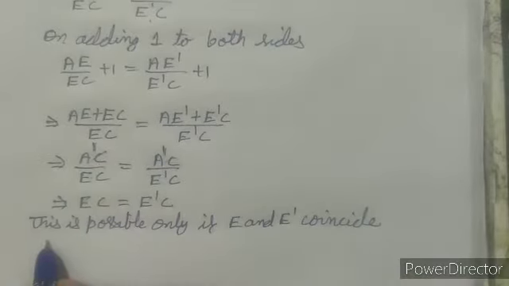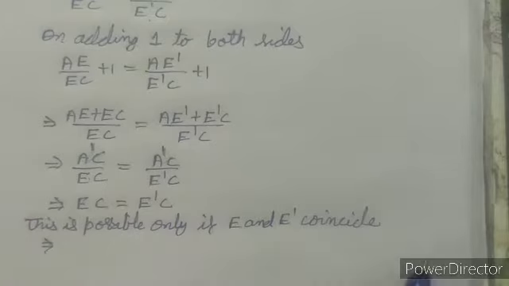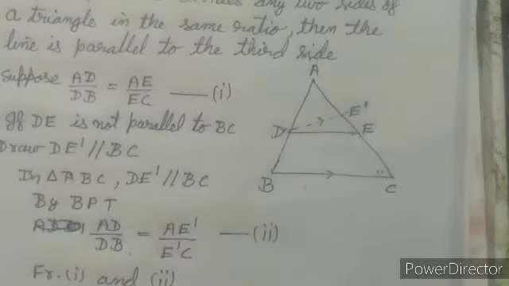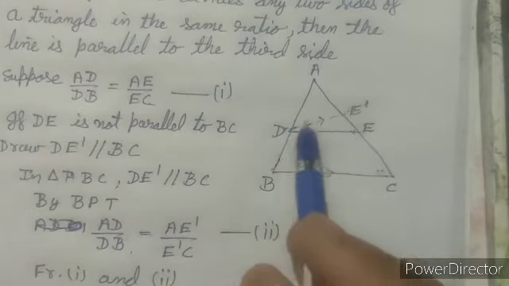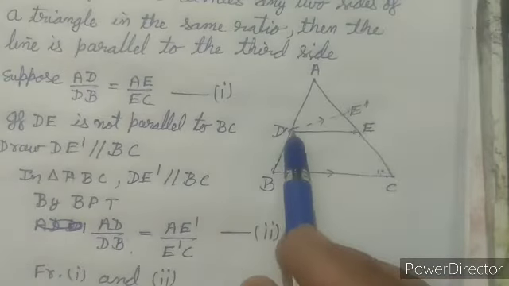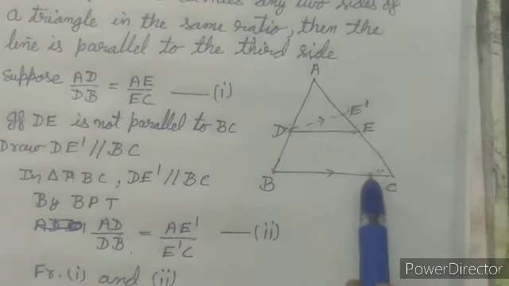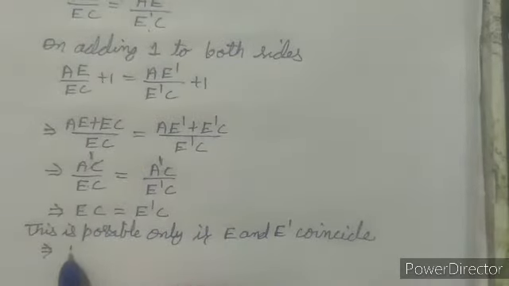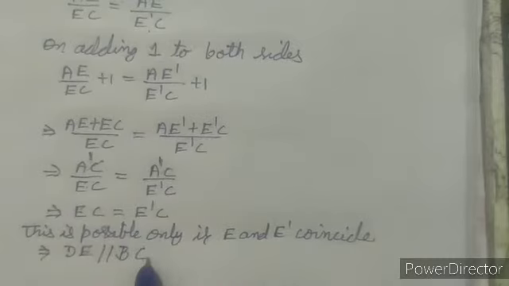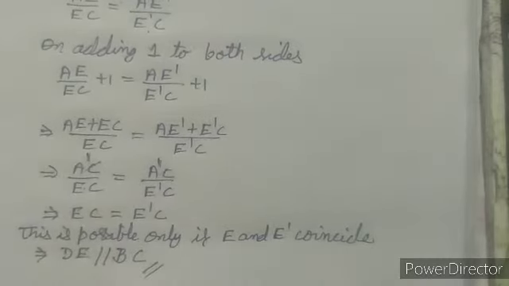That means this implies that now if E and E dash coincide, that means DE dash is the same line as DE. And if DE dash is parallel to BC, then DE will also be parallel to BC. That means DE is parallel to BC, which we had to prove.